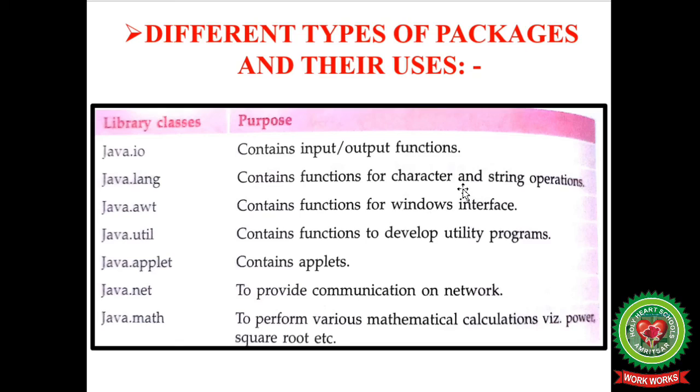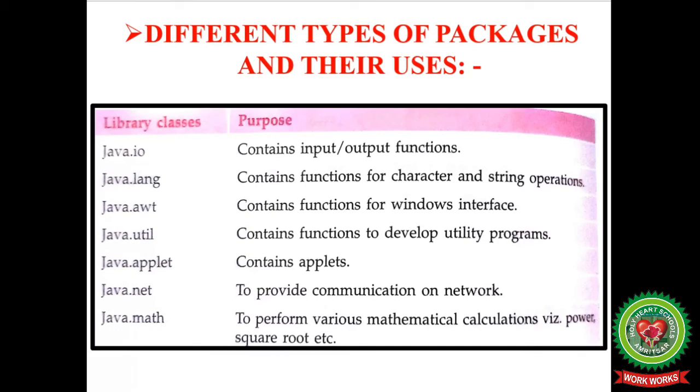Students, this java.lang is the basic language functionality and fundamental types. Number 3, java.awt. It contains functions for window interface. Actually, it gives you the basic hierarchy of packages for GUI components.